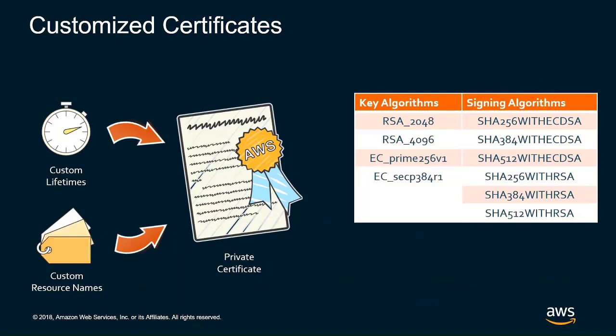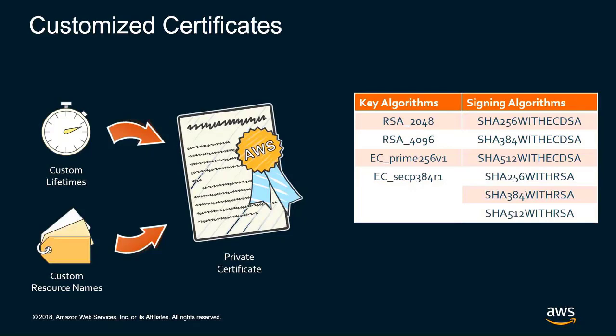If you want to customize certificates issued through ACM Private CA, you can. There's one trade-off, though, which is that custom certificates aren't managed in ACM today. So if you want customized certificates, you can manage the private key and renewals yourself, and the benefit you get is additional flexibility. You can specify custom lifetimes, validity periods of the certificates you issue.